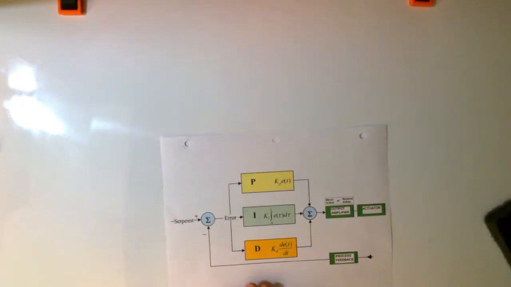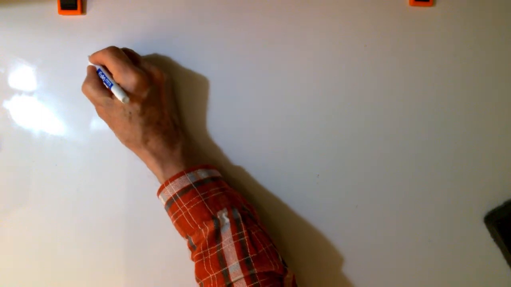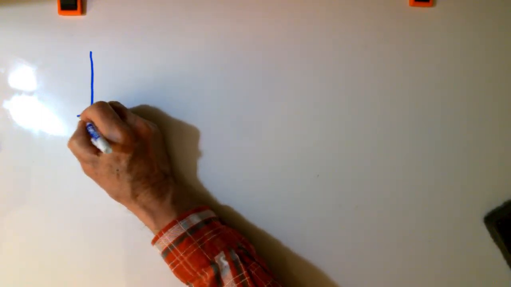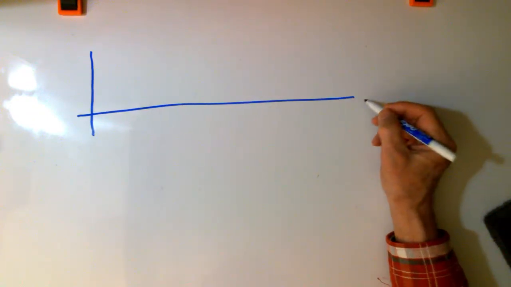So let's draw a graph, a couple of graphs maybe. Here's my y-axis, here is my x-axis, or t for time. Actually, it is time.